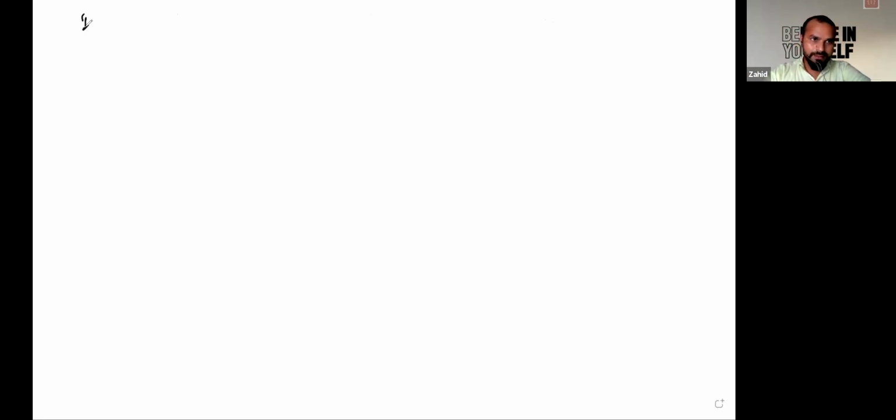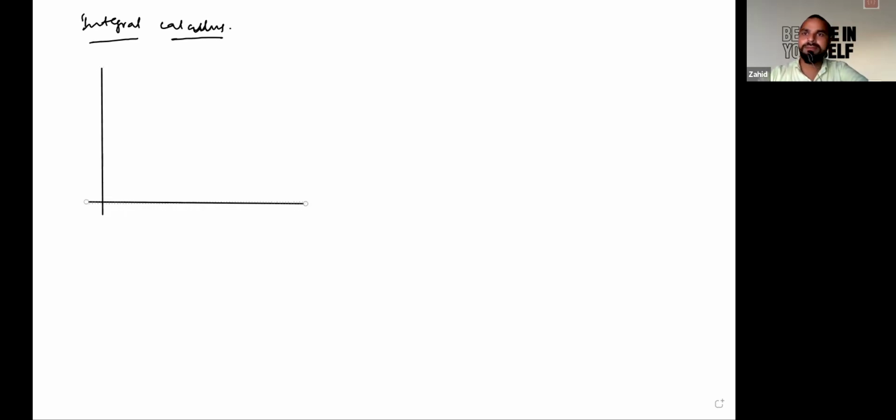Now, the next part is integral calculus. Suppose there is a curve like this way, and somebody asks you to find the area of this curve with respect to the x-axis.